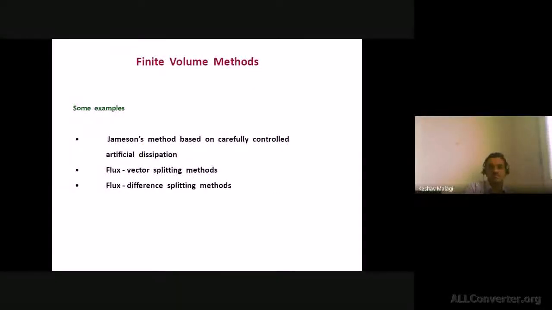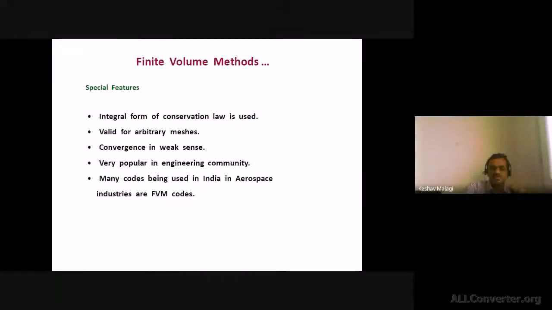And then finite volume methods. These are the flux vector splitting method and flux difference splitting method. You will have heard of Van Leer flux splitting method, Roe flux difference splitting method, and of course Jameson's method of adding artificial diffusion. So what are the features of this compared to finite difference? Here we solve the integral form of conservation laws.